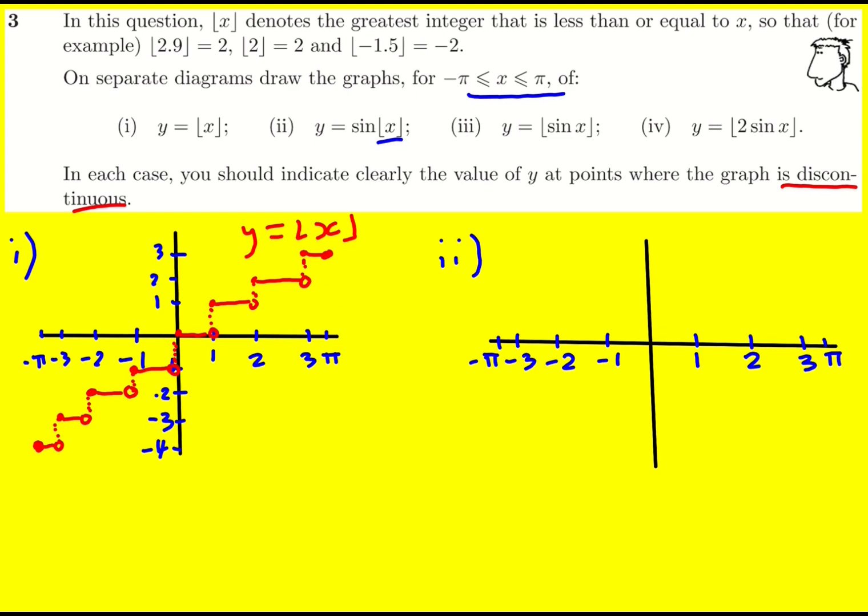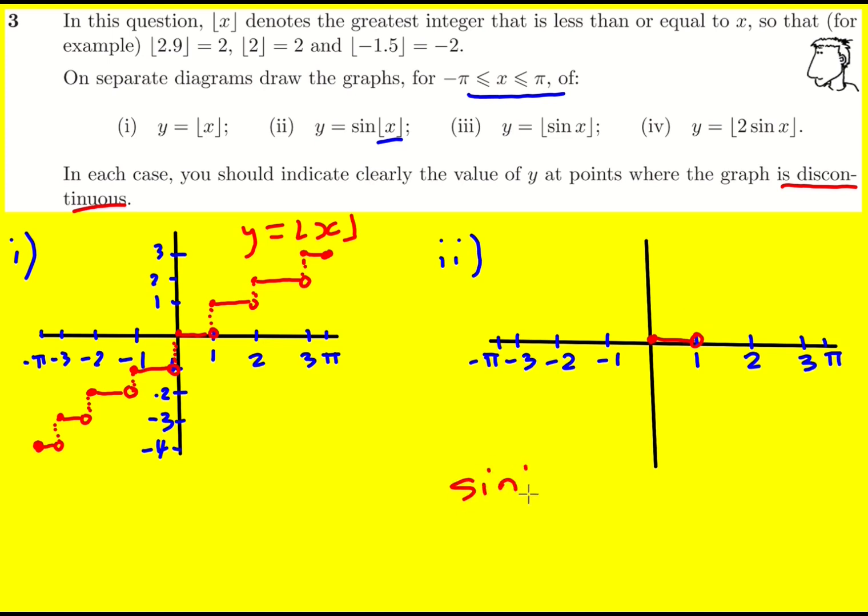So obviously sine of 0 is 0. And so it's going to go all the way along like this till we get to our open circle again. But then we're going to be finding sine of 1, sine of 2, sine of 3, and so on. So we need to think about this in some detail.